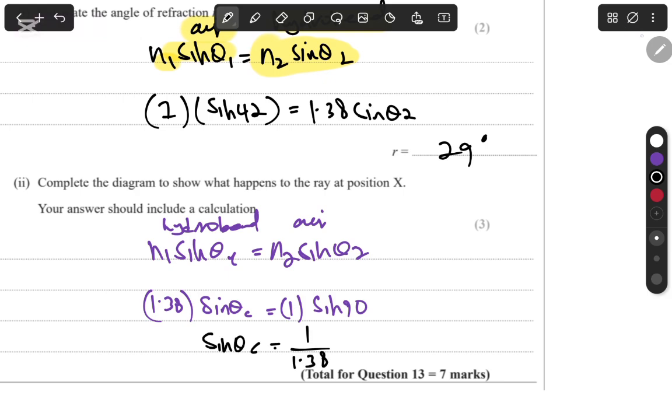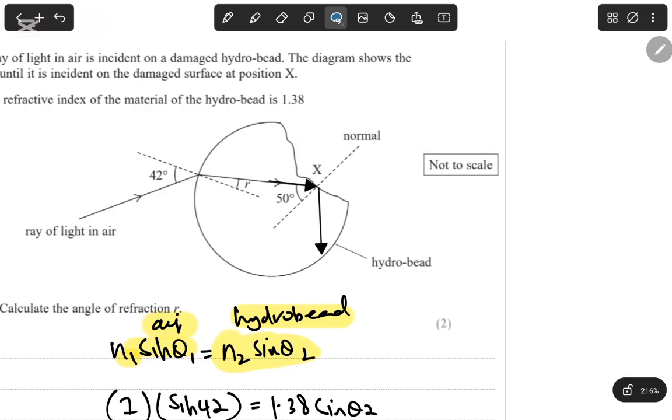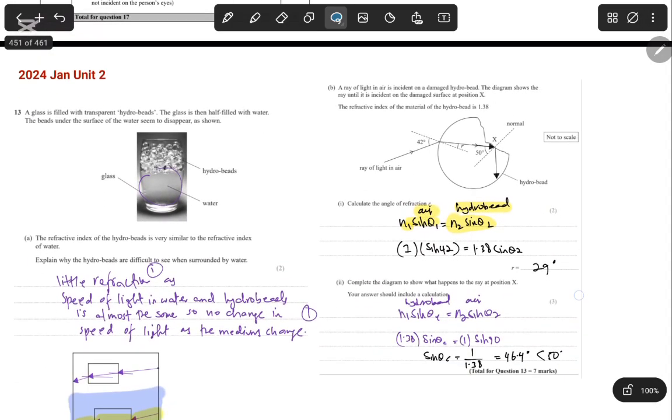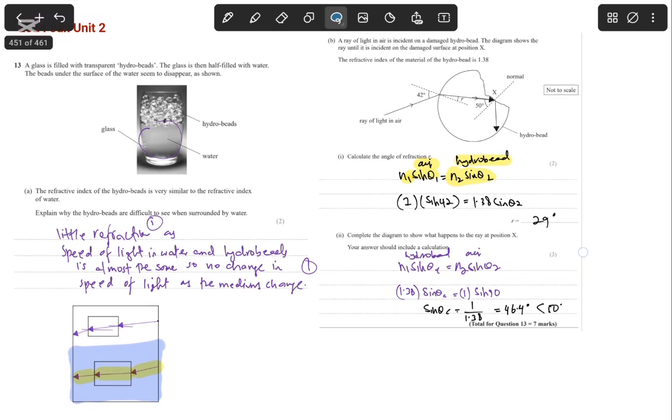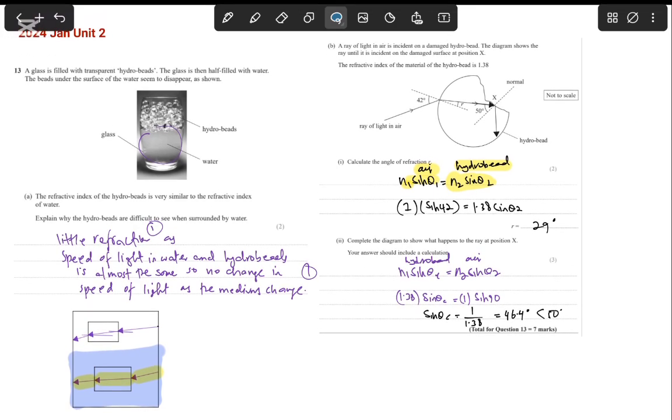Here I'm just going to find the critical angle, which is 46.4 degrees, and that's obviously less than 50 degrees. So the angle of incidence is greater than the critical angle, and light will totally internally reflect. Let's just draw this. Total internal reflection. I think that does the question, and you can look through this, and I'll show you the mark scheme and examiner report.